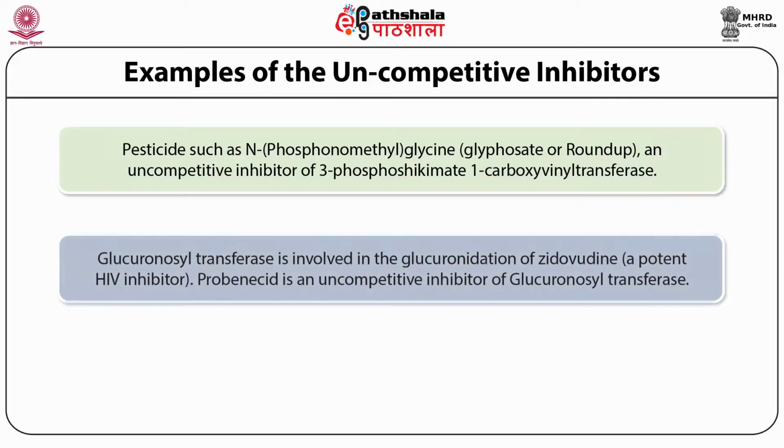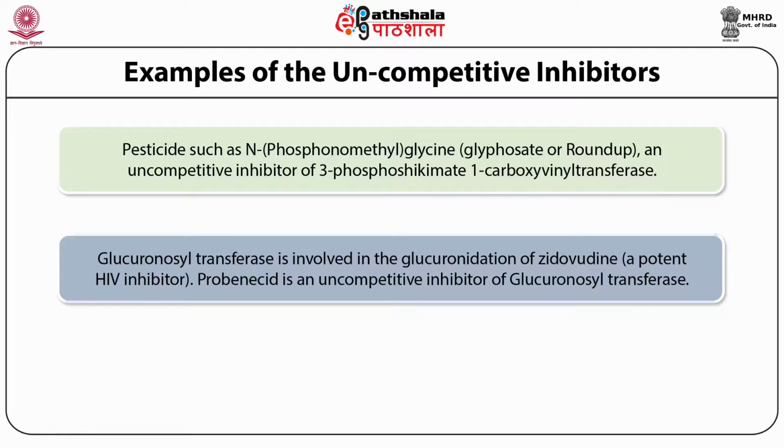The second example of an uncompetitive inhibitor is propionic acid. We have an enzyme known as glucuronyl transferase, which is involved in the glucuronidation of zidovudine. This drug is used as an HIV inhibitor.